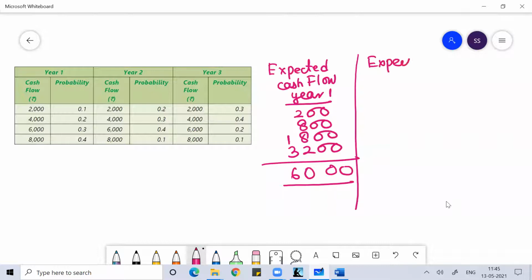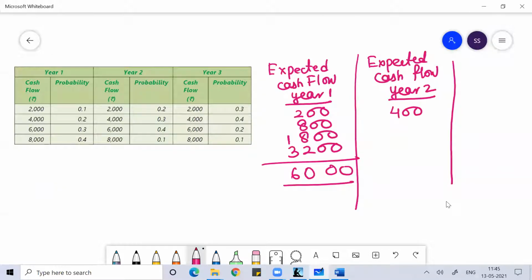Similarly, I can find the expected cash flow for year 2. That will be 2000 into 0.2, that will be 400. Then 4000 into 0.3, that will be 1200. Then 6000 into 0.4, that will be 2400, and 8000 into 0.1, that will be 800.